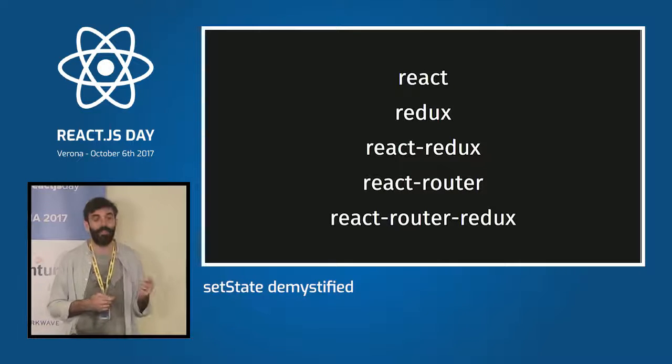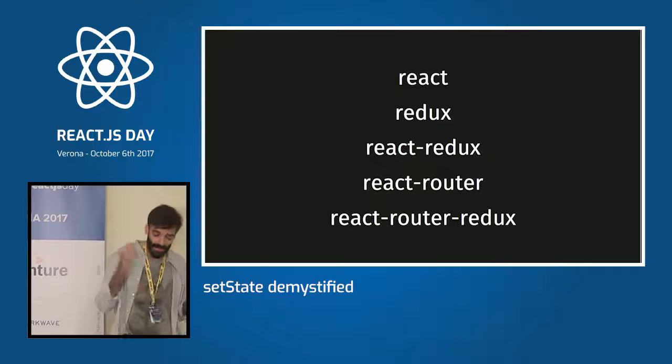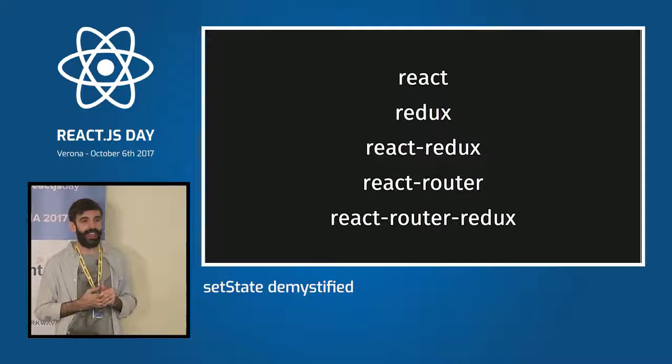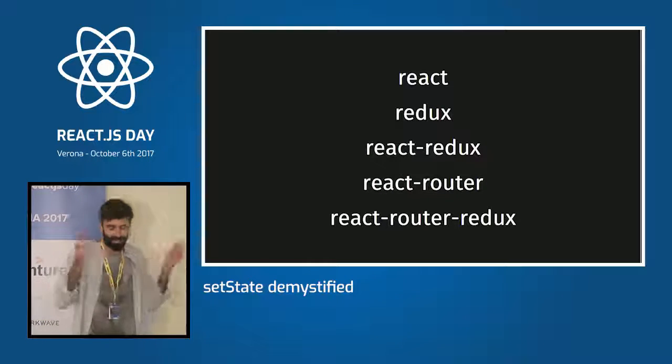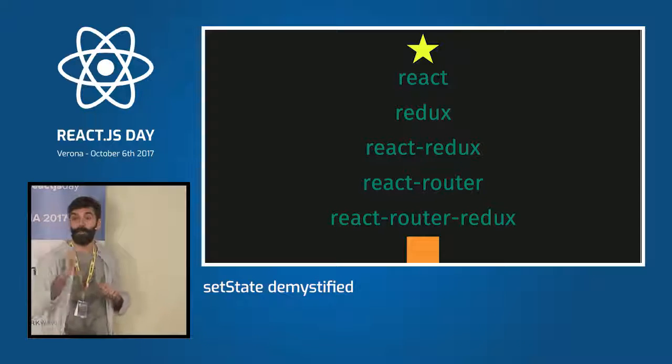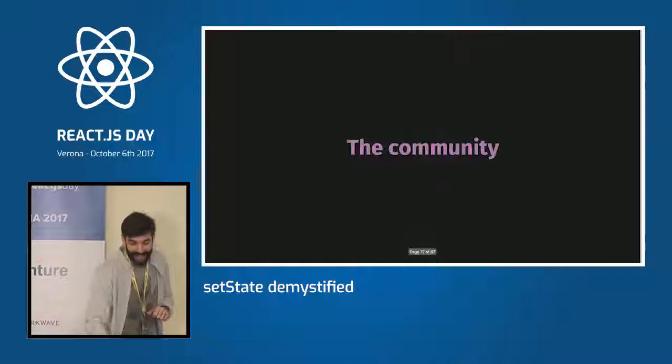And then you need a router. Everyone needs a router, and then you need React Router Redux to connect all of them. And then if you wanted to do, I don't know, an HTTP call, you need Redux Saga, and then you need Immutable.js, and so on and so forth. And actually, if you think about it, this looks like a Christmas tree, but it's not always Christmas.